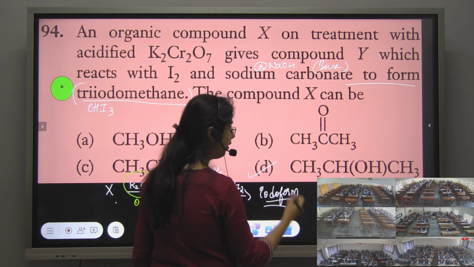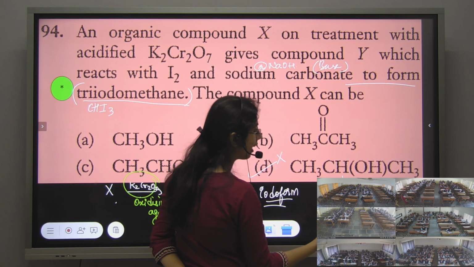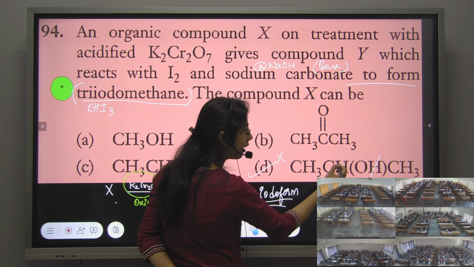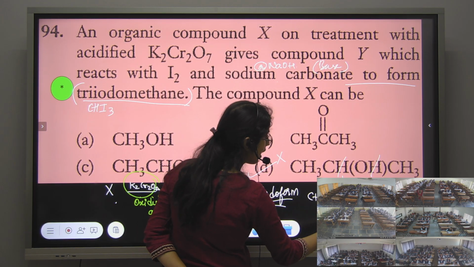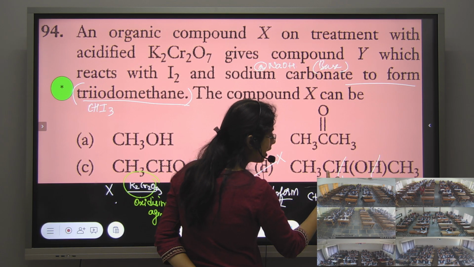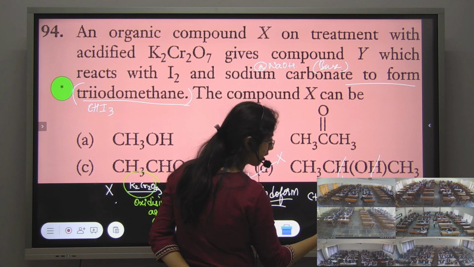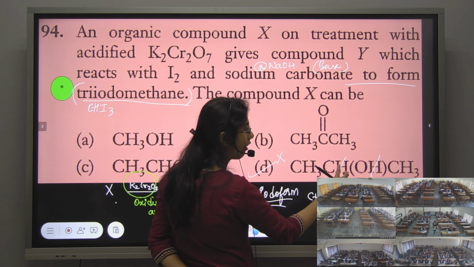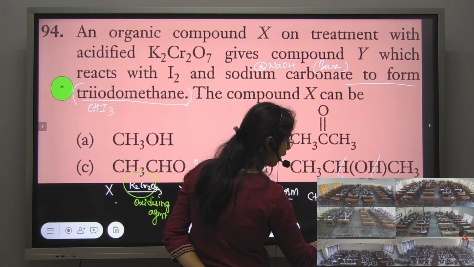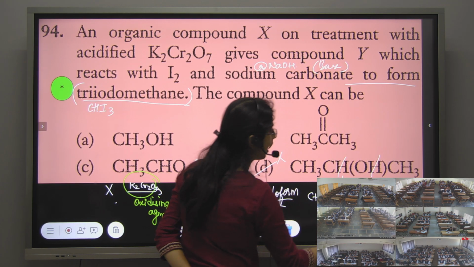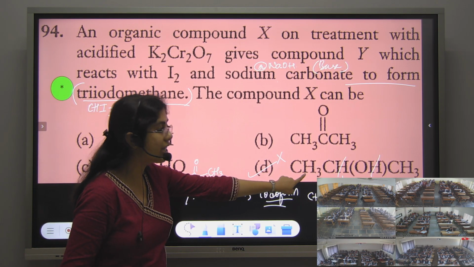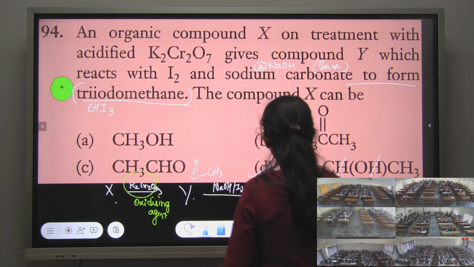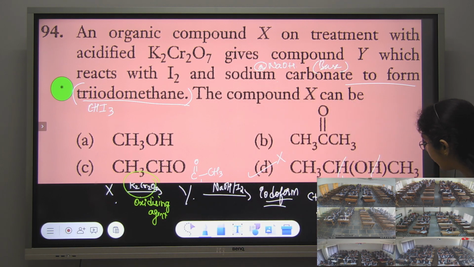If you oxidize using K2Cr2O7, what happens? You remove H, you remove H. CH3C, this carbon and this oxygen will form a double bond because you have removed two hydrogens. And this carbon is connected to this carbon, you will get CH3. So if I take this as X, I will get this as Y.